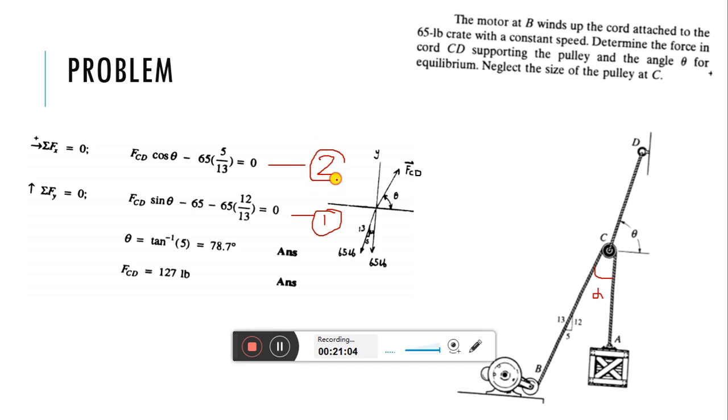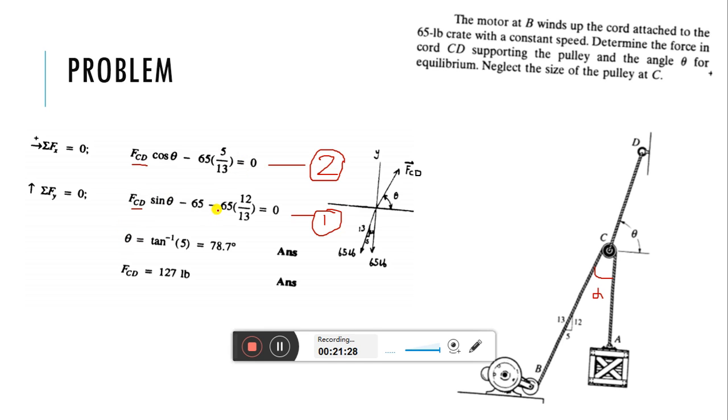If you divide equation number 1 by equation number 2, this FCD will be cancelled to unity, and sin theta by cos theta will be remaining. So tan theta will have some value.